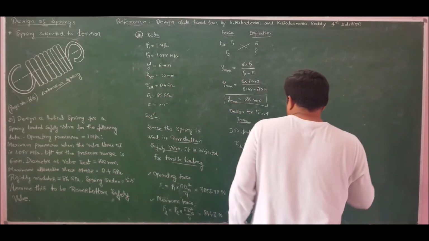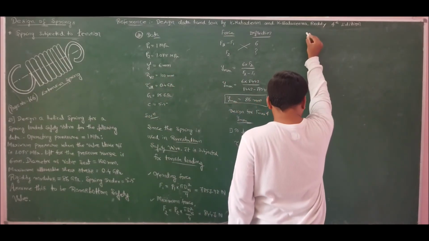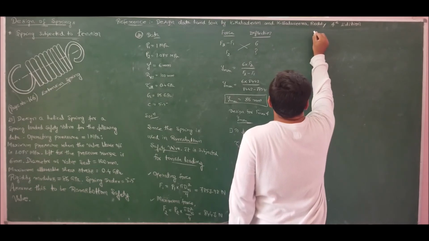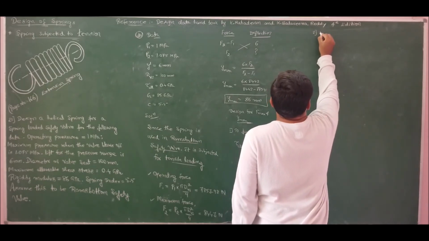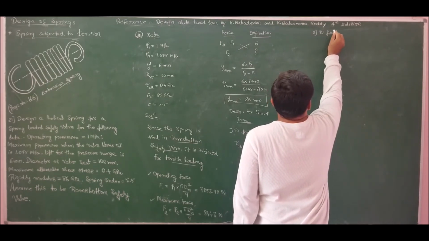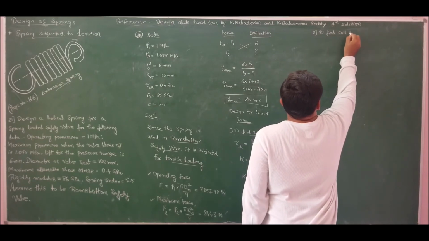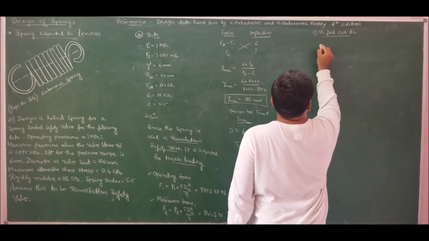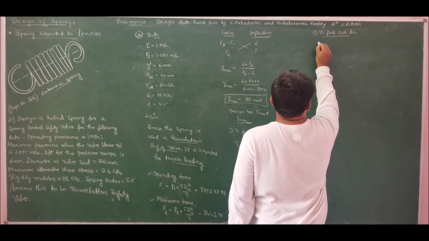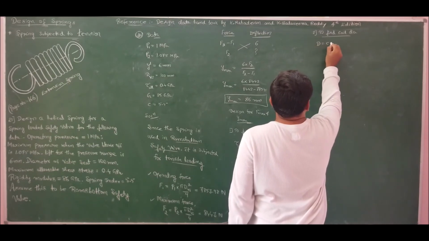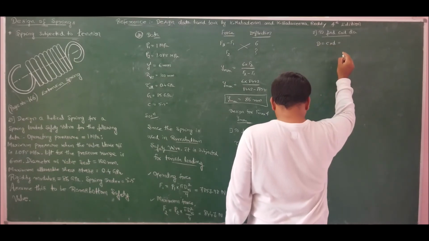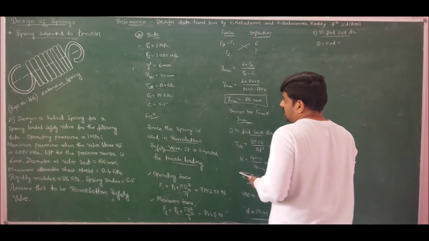Now moving ahead, step 2 is to find coil or turn diameters. To find coil diameter, we already know mean diameter is equal to C into small d. Small d is 20, C is 5.5.